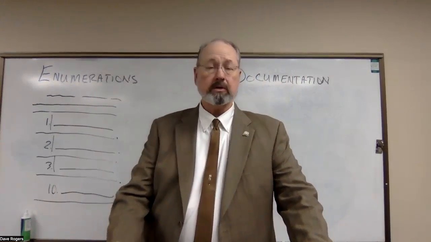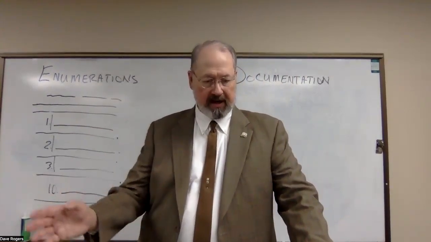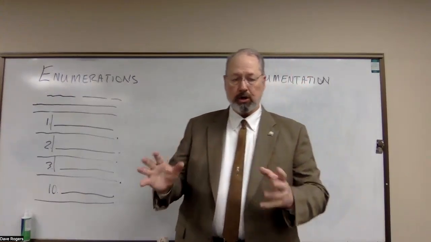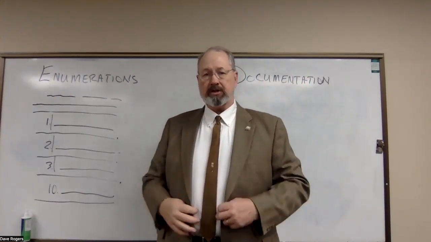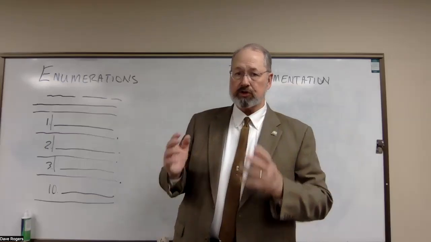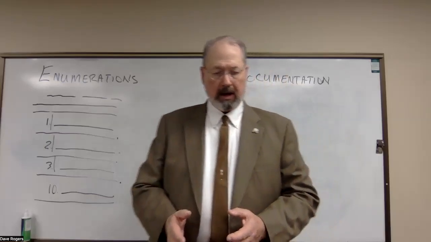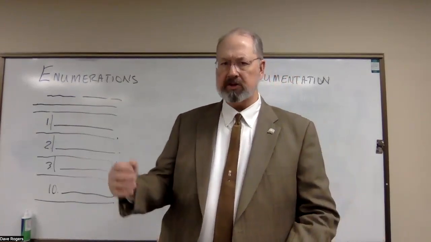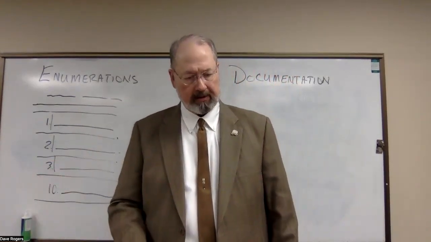Some folks will use lowercase letters. Numbers usually represent a larger division. Normally, if you're going to enumerate something in a sentence, you start with numbers, and then if you get to smaller things, you would go to letters.